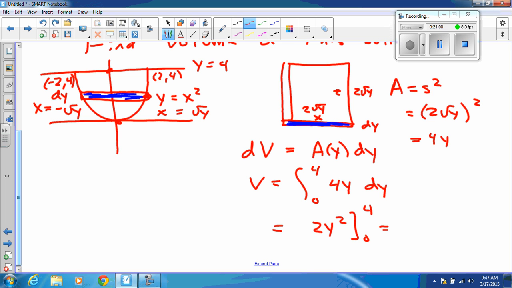That's going to give me 2y squared from 0 to 4, giving me a total volume of 32. Everybody in your notes do a quick compare and contrast to the 2 problems that we did so far, and tell me if you have any questions.